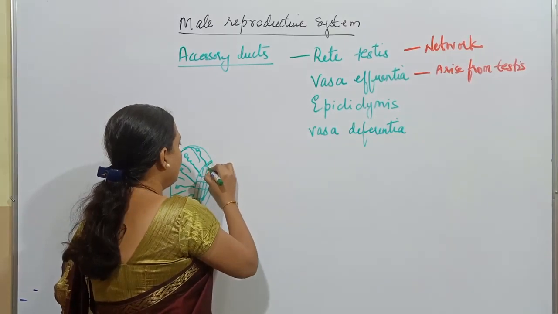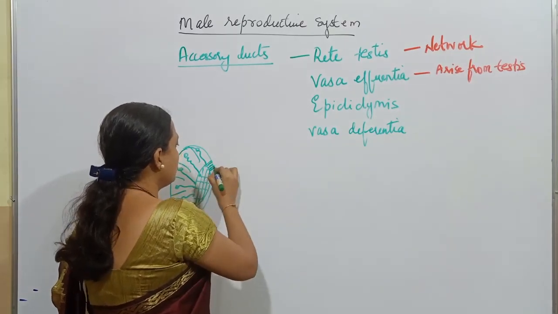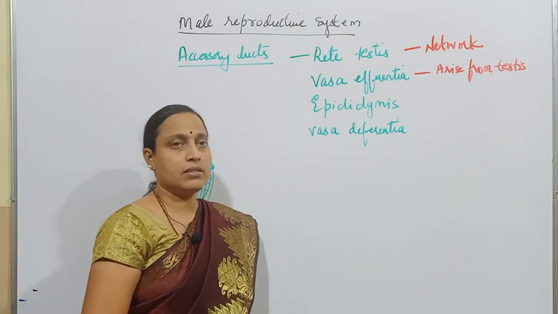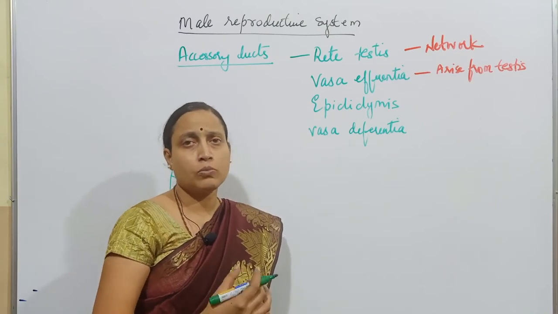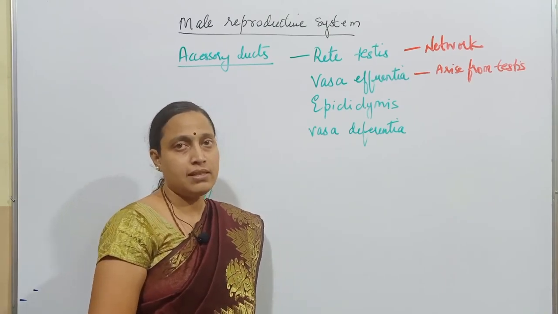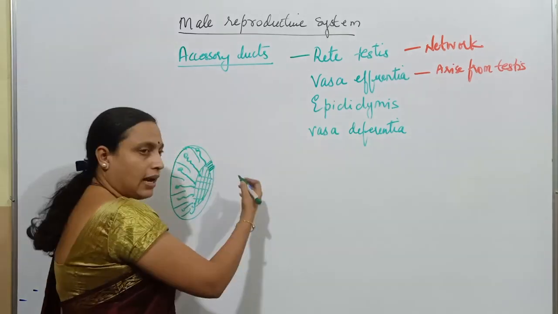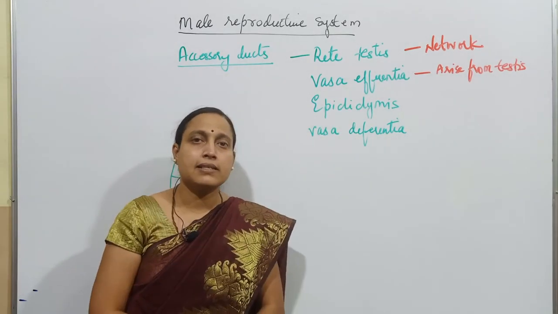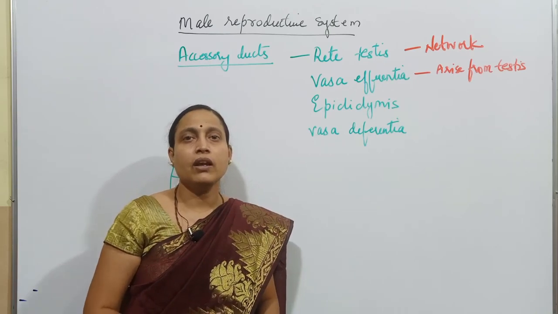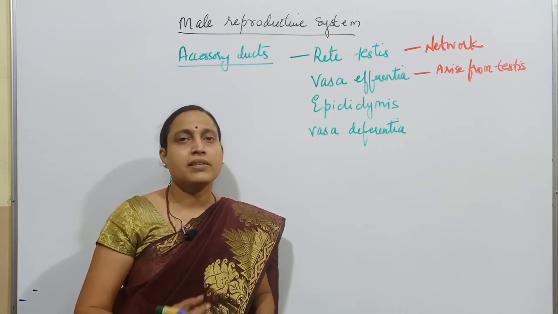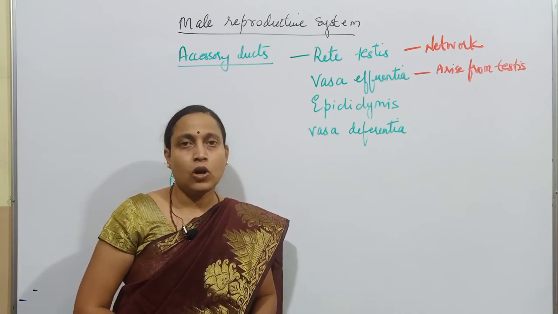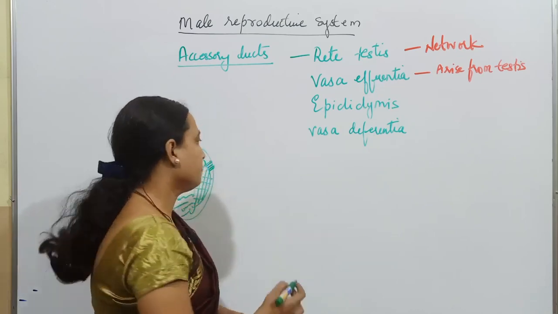And then the rete testis leads to the formation of the next ductules, because they are very small in size. They are called vasa efferentia. After coming out of the testis, the vasa efferentia unite and form a single tubule, and that is called epididymis.